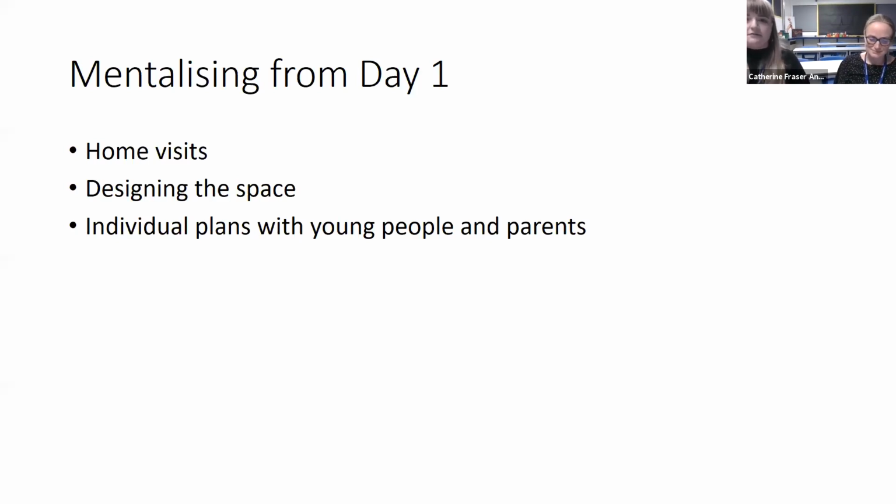But because we've done that from the start, before we even opened, that is our culture, and they know that, and parents know that. We believe the environment, in terms of what the room looks like, how we've got an outside space, breakout rooms and sensory rooms, has been pivotal in enabling the young people to engage in education.